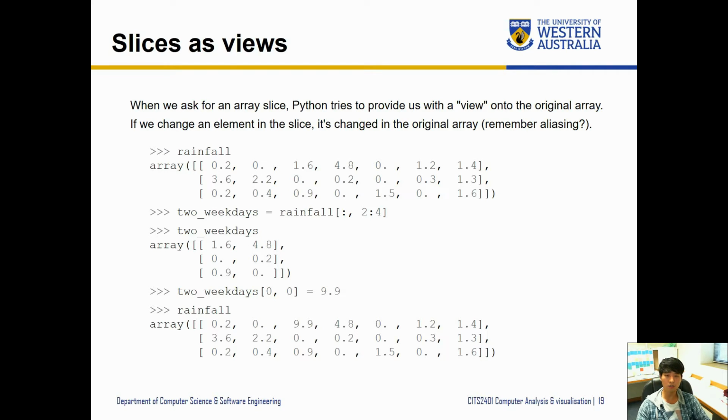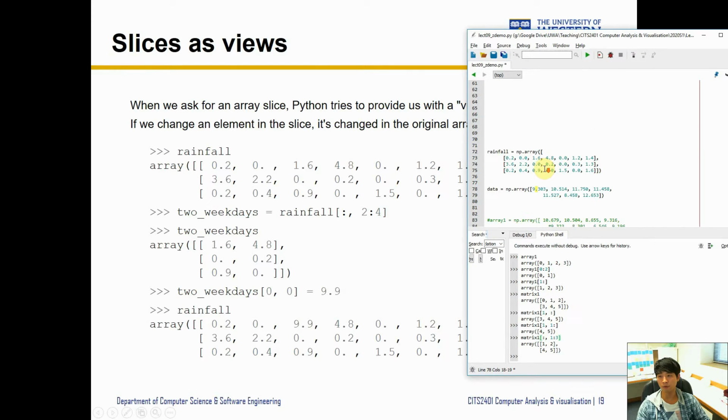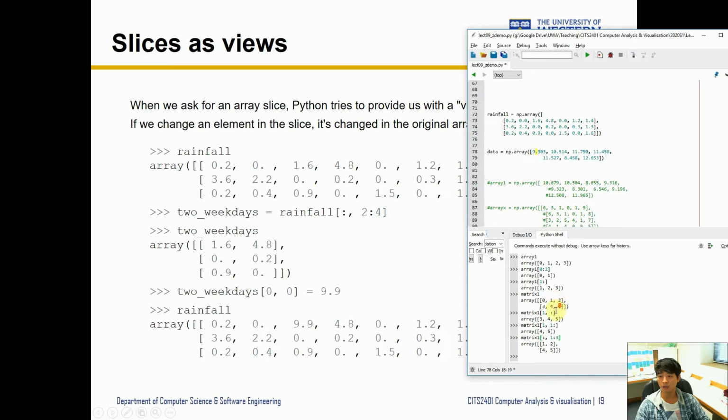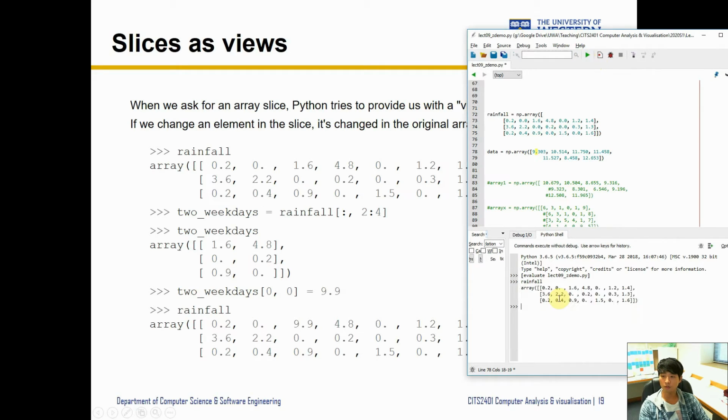So here's an example using rainfall. Let's just run this again to clear this. We have this rainfall data, and what we want is some small 2 weekdays, which extracts all the rows, but only columns 2 to 4, so only columns indexed at 2 and 3.